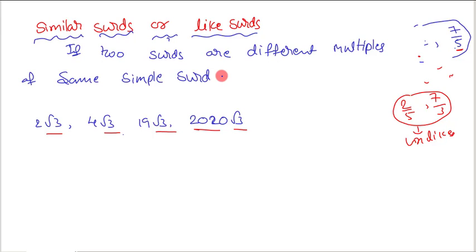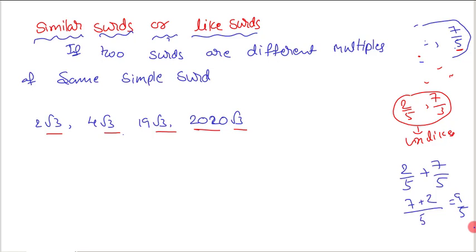Okay, and what is the importance of similar surds? Similar surds can be added, but dissimilar or unlike surds cannot be added. Same as fractions: in fractions we can add only like fractions, by taking the common denominator and adding the numerators, so that you will get 9 by 5.